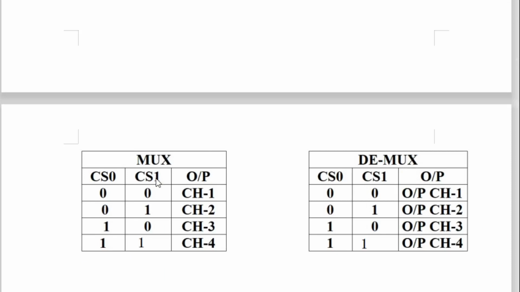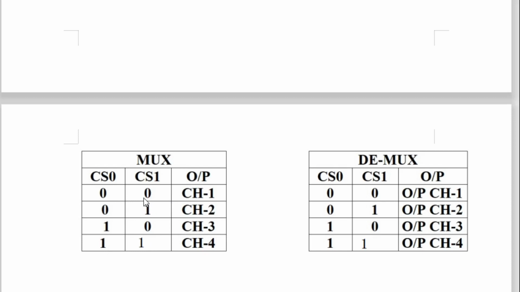As two control signals are there, there are four possibilities: both 0 0, 0 1, 1 0, and both 1 1. So if you look at this corner, you'll observe that the control signals are incrementing in a systematic manner from 0 0 to 0 1, 1 0 and 1 1.